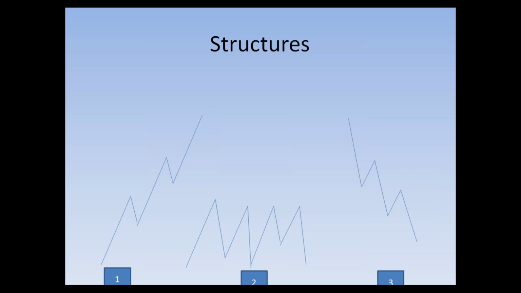The third is a downtrend. So what we basically do, we try to trade in an uptrend and a downtrend and avoid a sideways trend. And I'll tell you how to find the trend in this market.